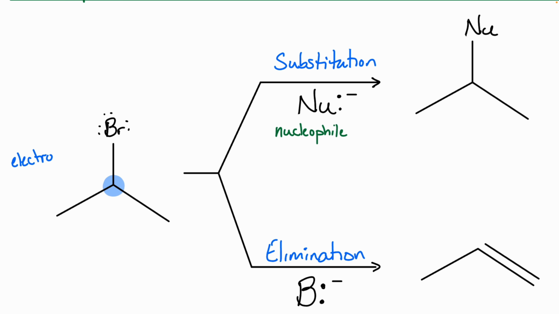This is my electrophilic site. Why is it an electrophilic site? Because we have this polar bond where that halogen is stealing a bunch of electron density. And importantly, that carbon can accept electrons because what role does that halogen play? A leaving group.